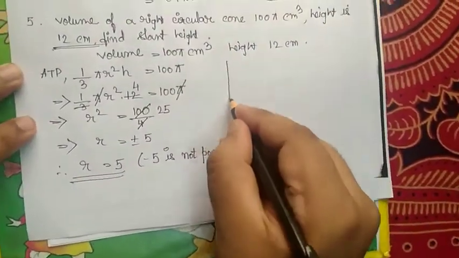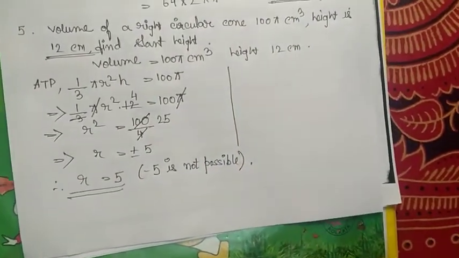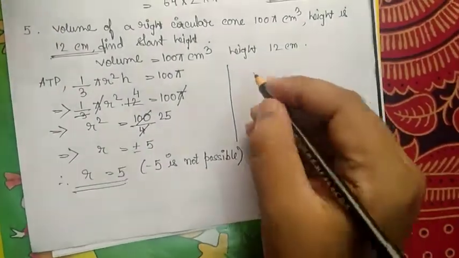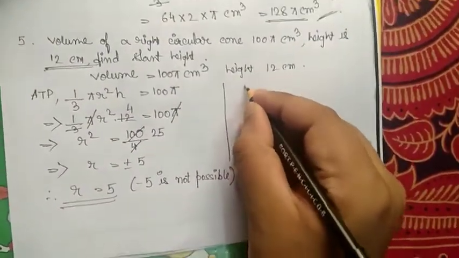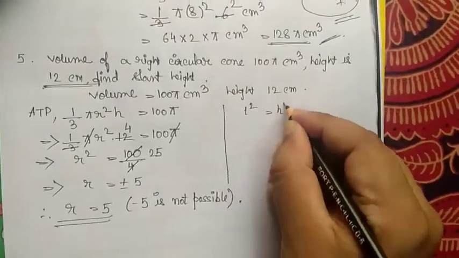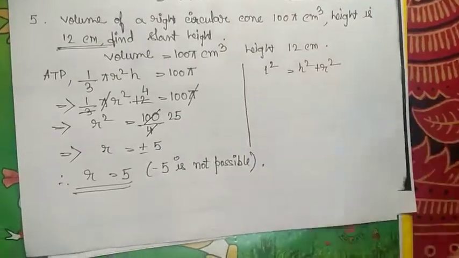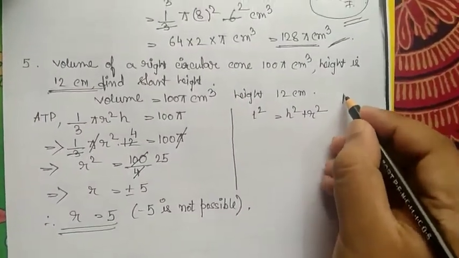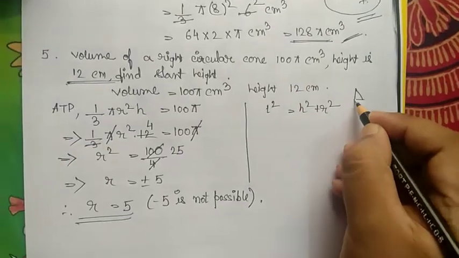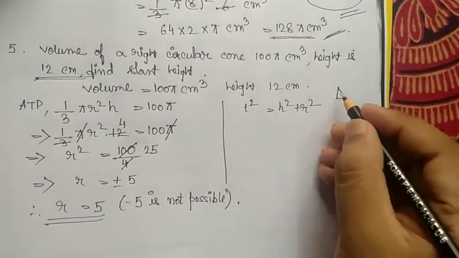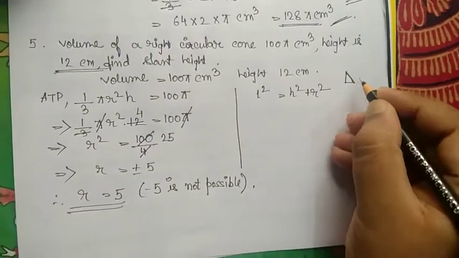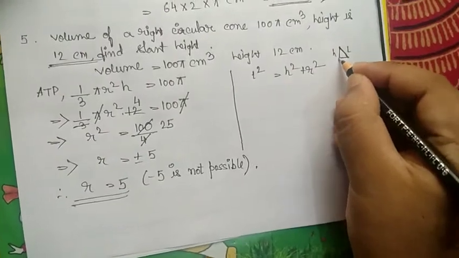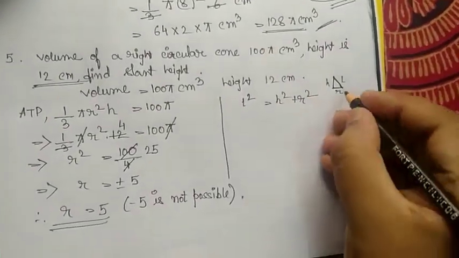Now we know the relationship between radius, slant height and height. The relationship is L square equals h square plus r square. Previously we know that slant height and radius both construct a right angle triangle where the hypotenuse is L, the height is h, and the base is r, and this is 90 degree.